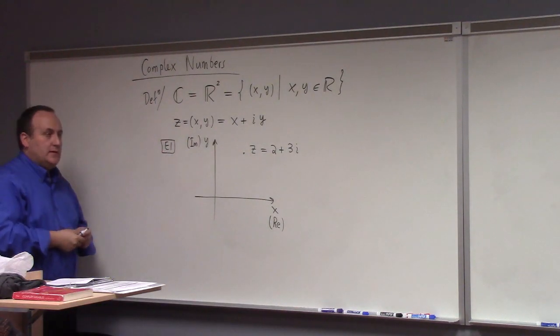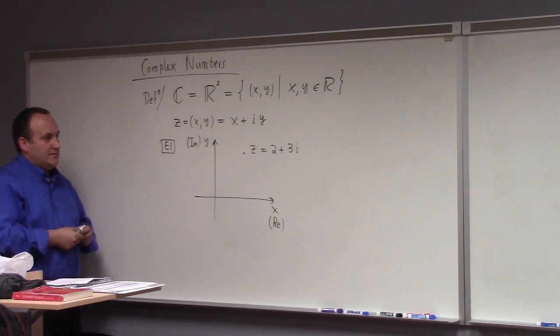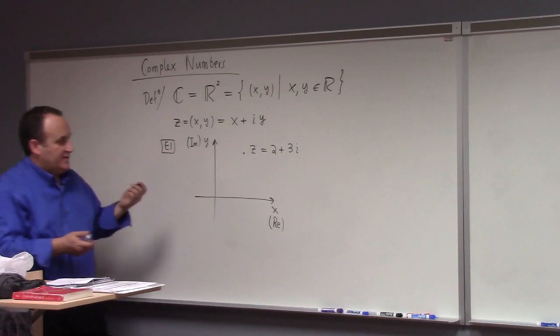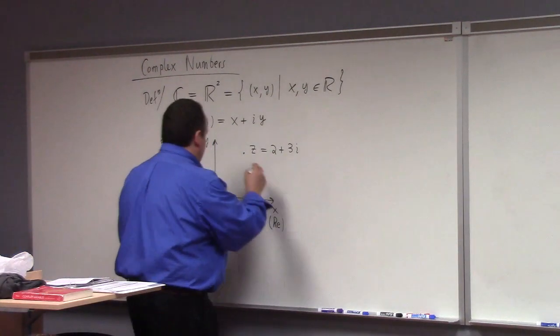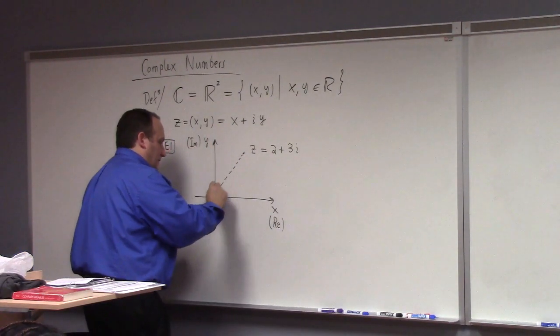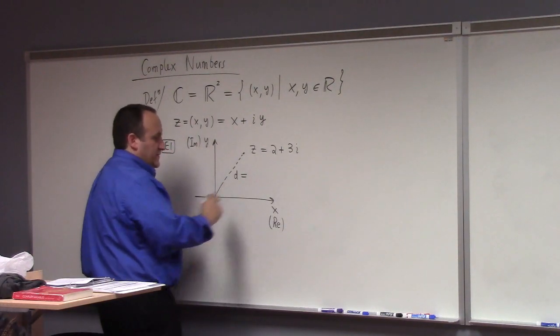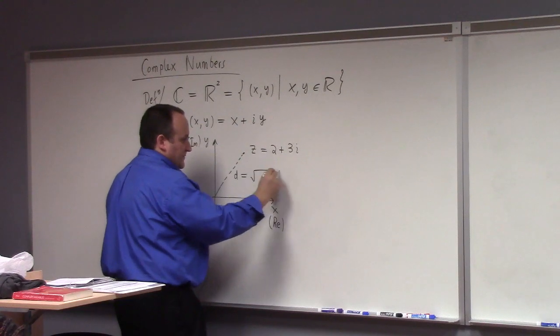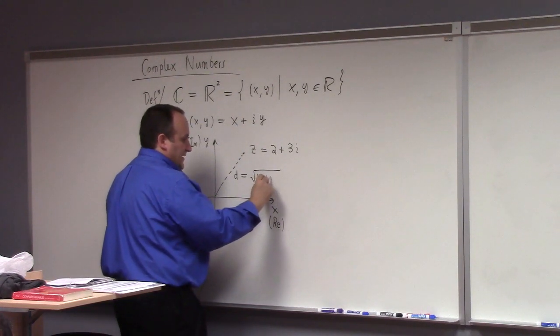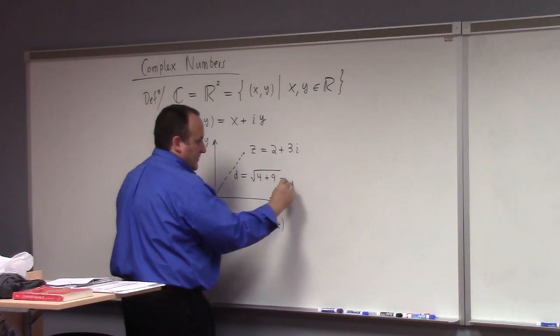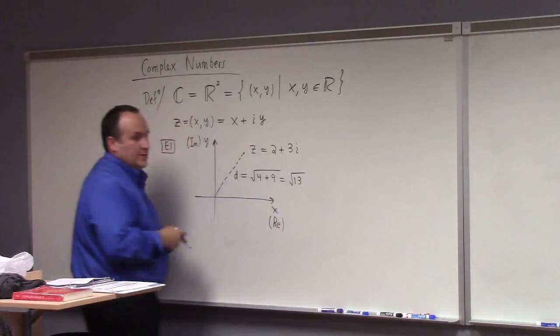Okay. Now, what would you like to talk about if you're talking about a point in the plane? Well, first things first, I would talk about the distance from the origin, right? What's this distance here? You can tell me it's the square root of 4 plus 9, right? So square root of 13 for my example, right?